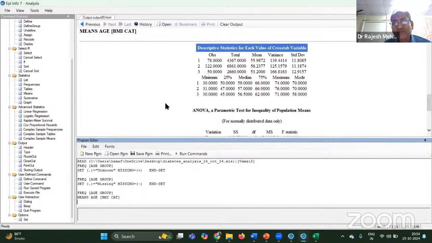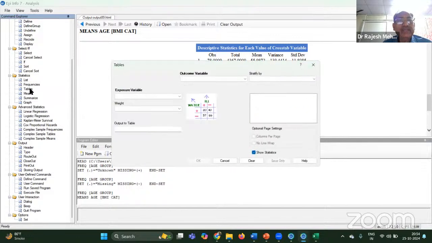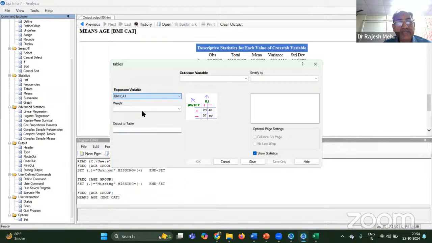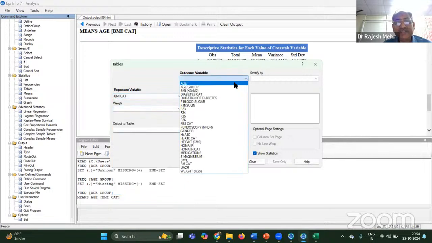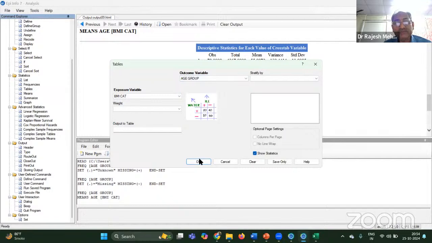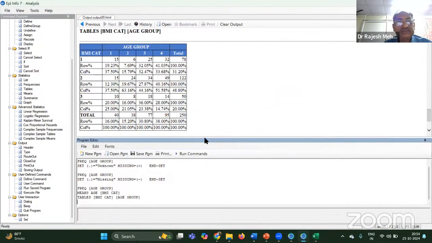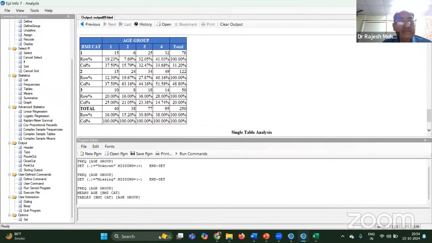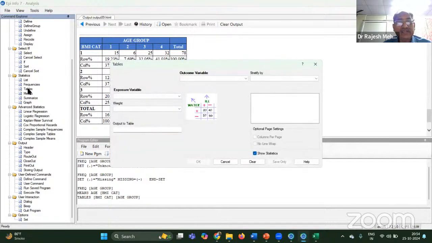So almost for groups 1 and 2, there is no significant difference in the age. Right? Then you want to use a simple table command, for example, BMI category versus age group. This is how you can compare. And you can see the p-value. There is no significant difference between age and BMI. You can have other command tables.